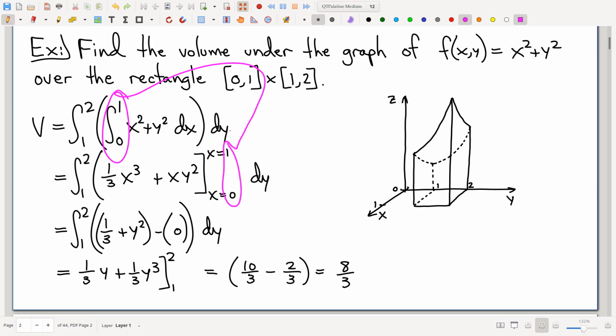Go ahead and write specifically x equals 0 and x equals 1, and then, having been careful enough to write that down, you will not be tempted, probably less tempted anyway, to plug in where it says x equals 1. It wouldn't feel natural to plug that in for y.